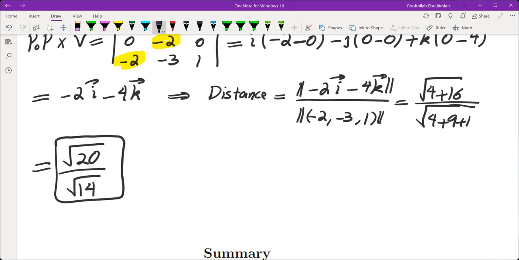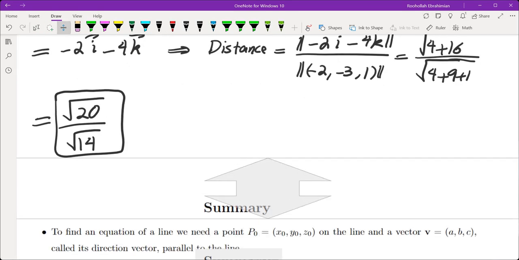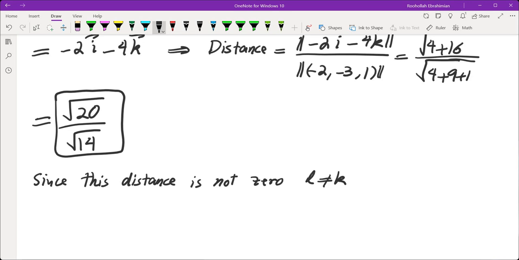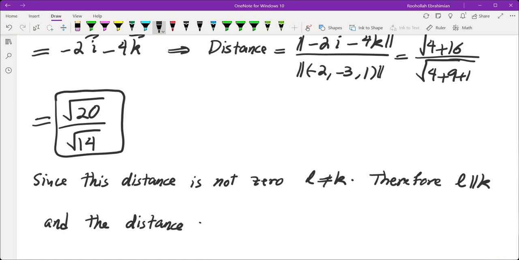So this is the distance. Now, in addition to finding the distance, we know that since this distance is not 0, L is not the same as K. So therefore, L would have to be parallel to K, and the distance is what we found. The distance is root 20 over root 14. So that's our final answer.